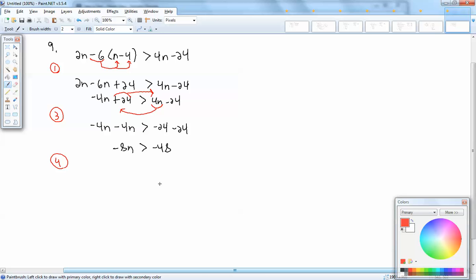Step 4. Divide both sides by a number in front of your n, which is a negative 8. Now remember, when we divide by a negative number, we flip our inequality symbol. So the greater than becomes a less than. So we got n is less than negative 48 divided by negative 8 is 6. Now since it looks like they're going to want it all, let's do our set builder.